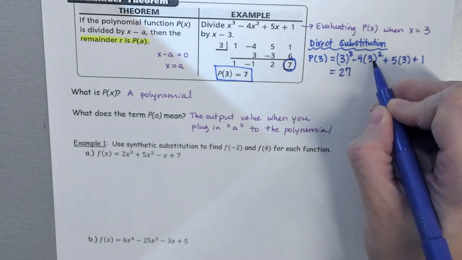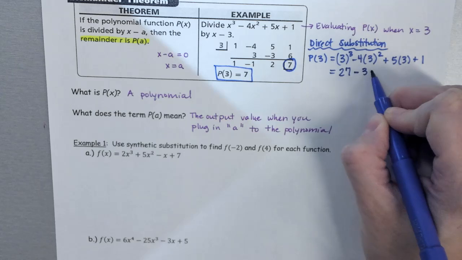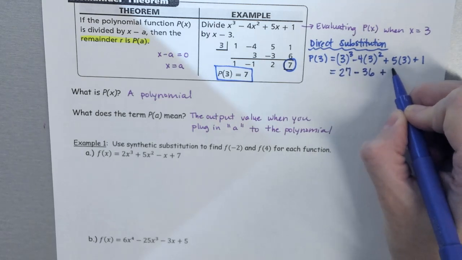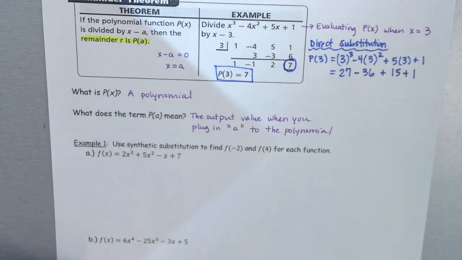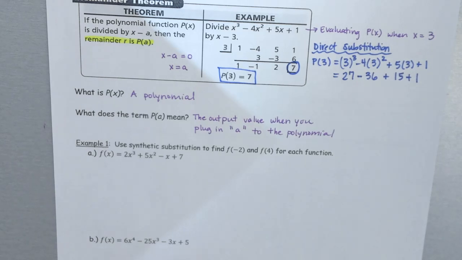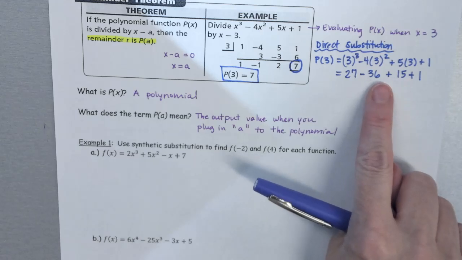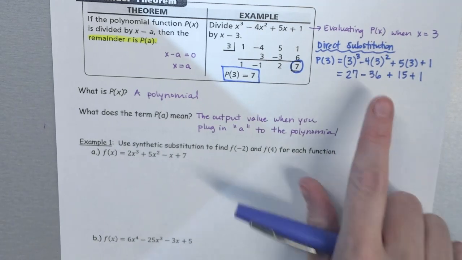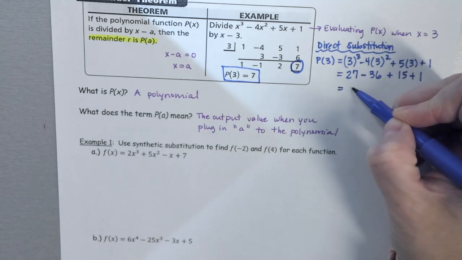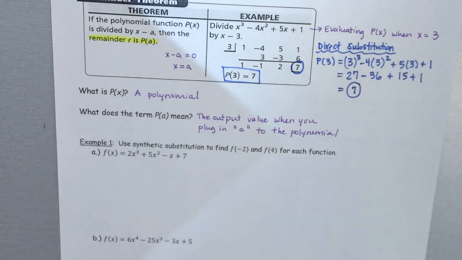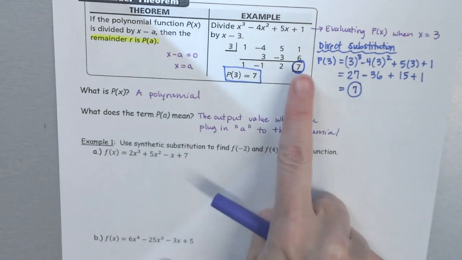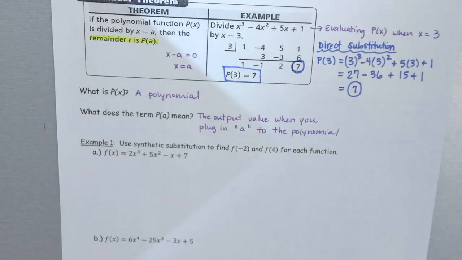So 3 squared is 9. 9 times 4, negative 36, plus 15 plus 1. Okay, so this would be 16. Negative 36 plus 16 would be negative 20. 27 minus 20 would give you 7. Okay, so this is an alternative way to do direct substitution. Your remainder is going to be the same as if you plugged it into the equation itself.